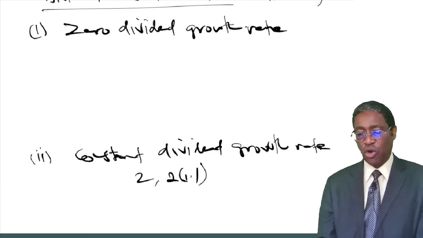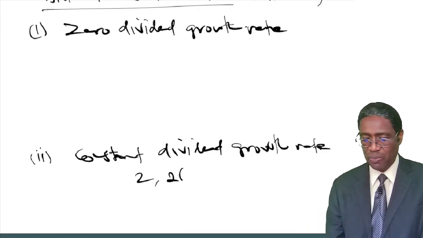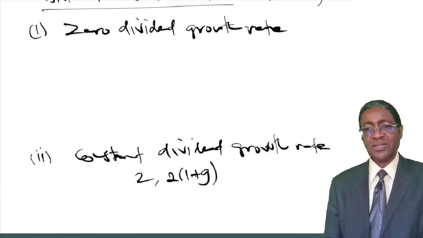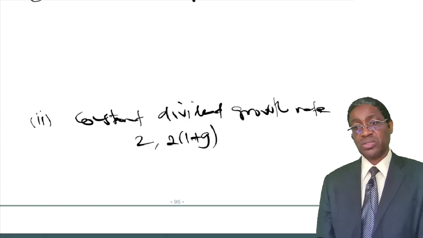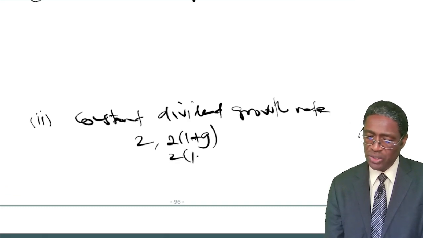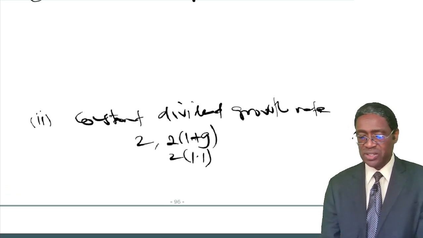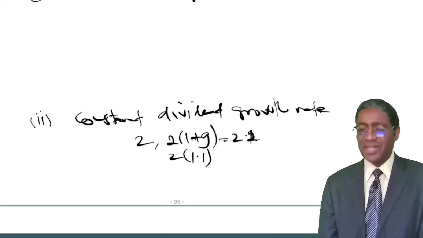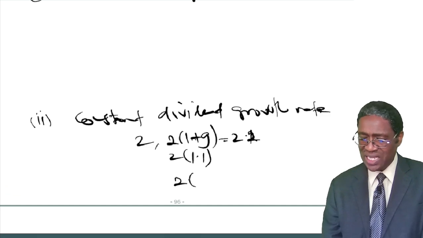I hope you remember what we were saying when we were discussing the topic of cost of capital: D1 is D0 times 1 plus G. So this will be 2 into 1.1, where our G is 10%, which is 0.1. So in the second year, your dividend will be 2.2.